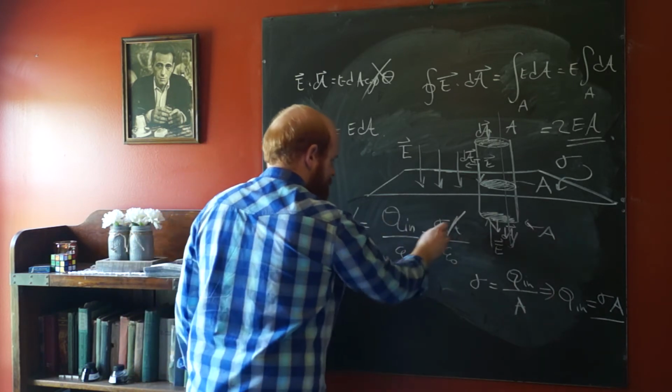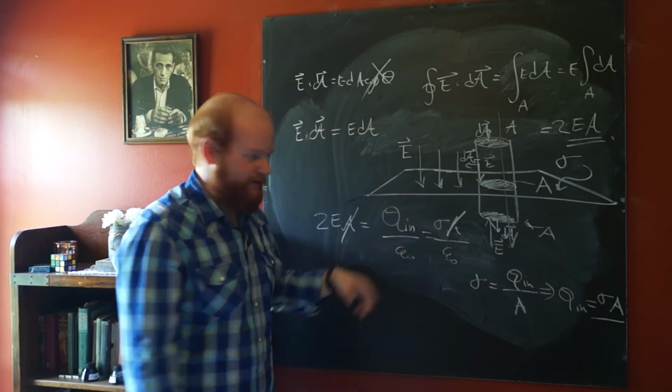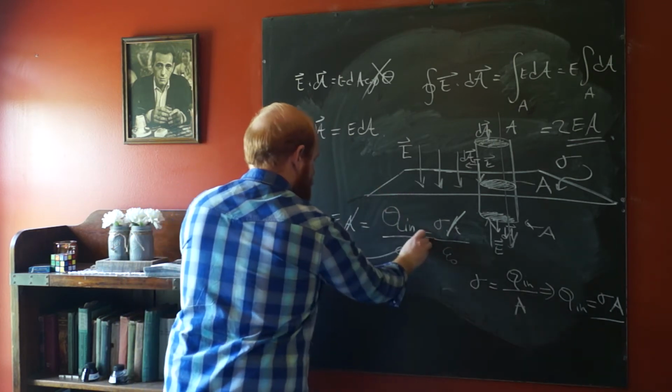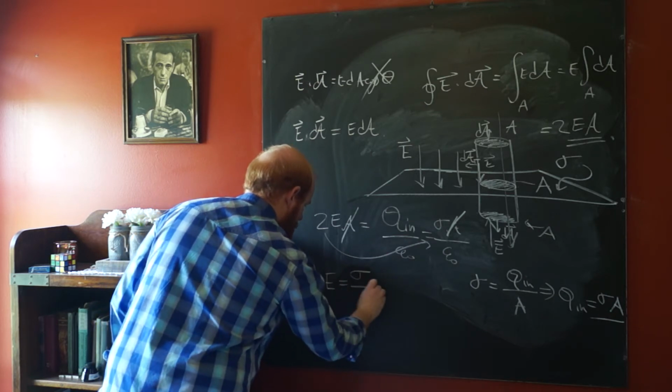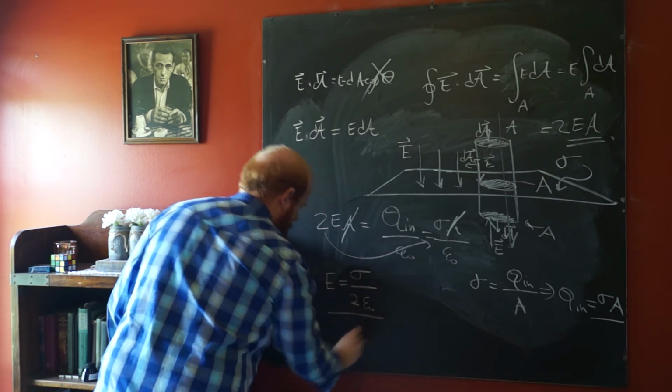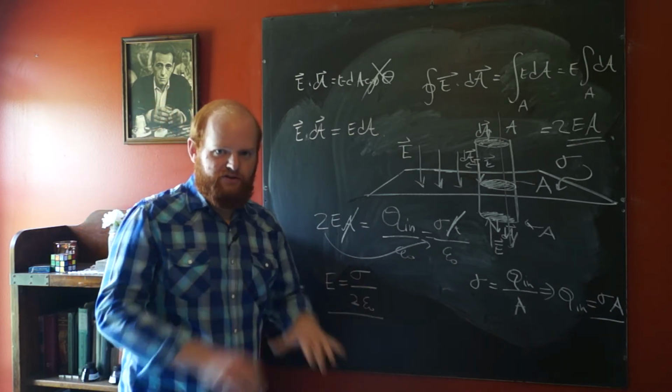So obviously, since we have an A on both sides and it's non-zero, we can go ahead and cancel that thing. And we can divide both sides by 2. And when we do that, we get the formula for the electric field of a plane of charge, or a sheet of charge.